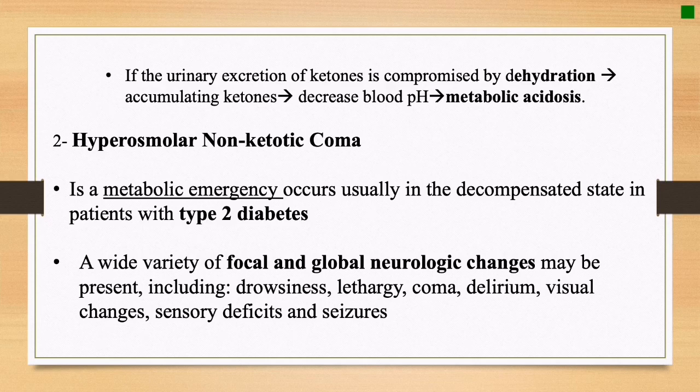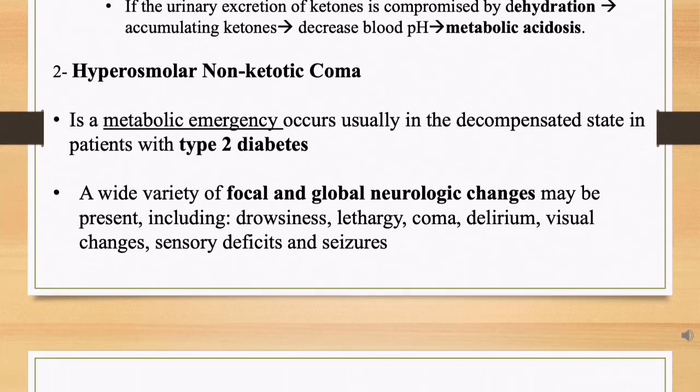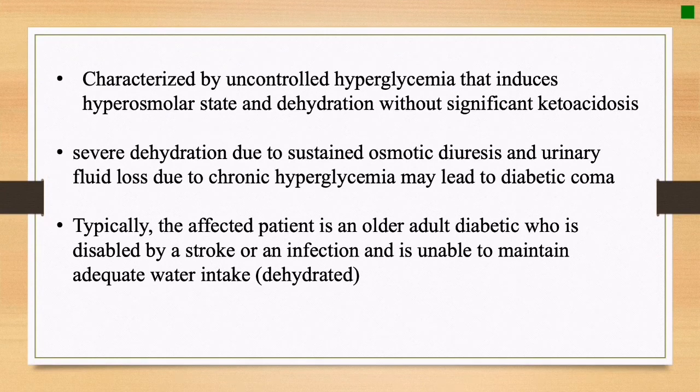A wide variety of focal and global neurologic changes may happen in those patients, including lethargy, coma, delirium, visual changes, sensory deficits, and seizure. In the decompensated states, patients with type 2 diabetes may develop hyperosmolar non-ketotic coma.